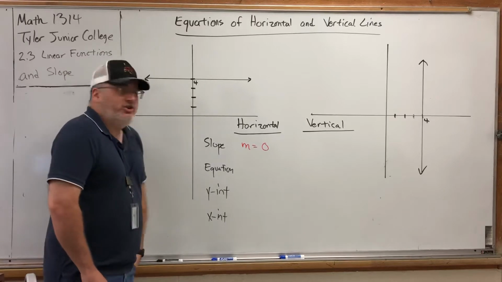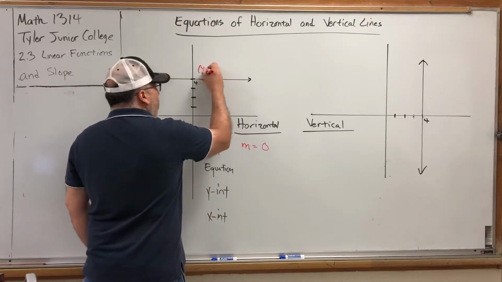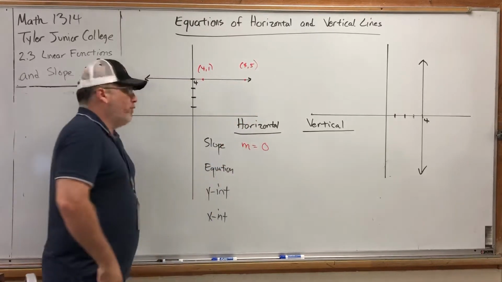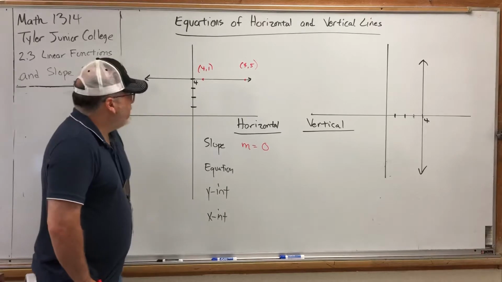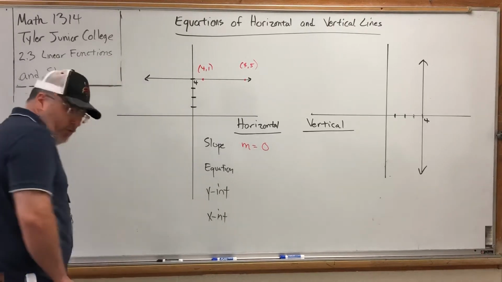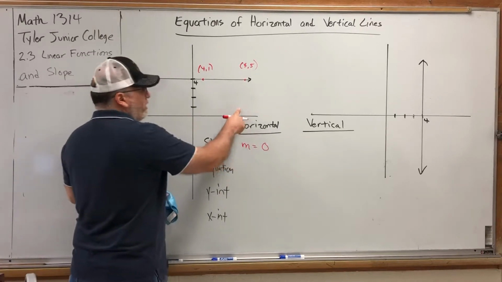And if we picked any 2 points on the horizontal line, such as 4, 1 and 4, 5, doesn't matter which 2 points we pick, the slope would be 0, except that those 2 points would not be on that line. Because 4, 1 would be over here, 4, 5 would be up there.